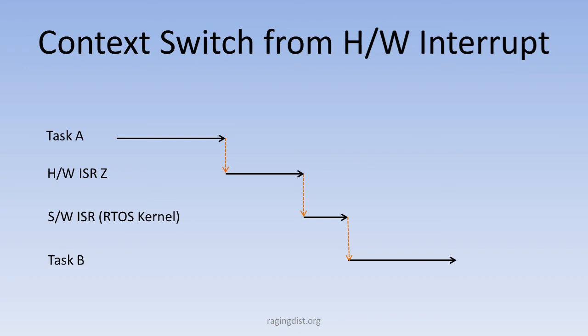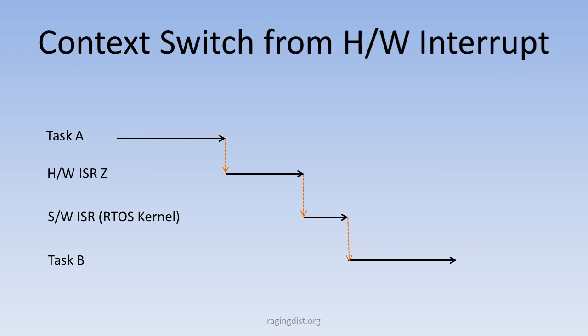The interrupt has an ISR, an interrupt service routine, which gets its name from it. It has to go out to this hardware peripheral and service it. So task A is interrupted by this hardware ISR. And so in time, you see that first orange arrow going down means there is a context switch from task A to the ISR-Z. ISR-Z is executing.